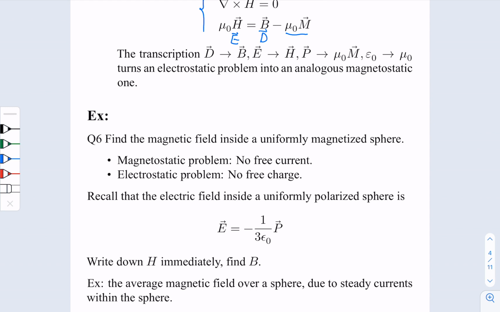This is question 6 from homework 5 that we are going to finish soon, next Thursday. In this homework, you are supposed to find out the magnetic field of a uniformly magnetized sphere.